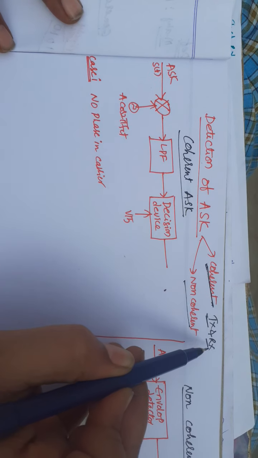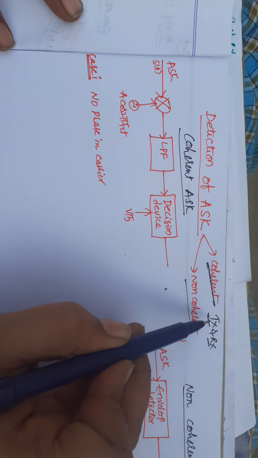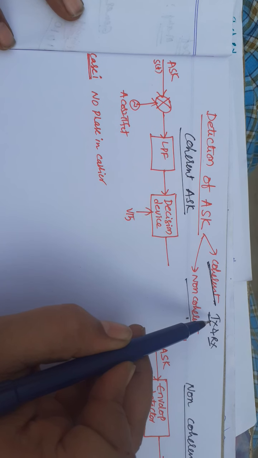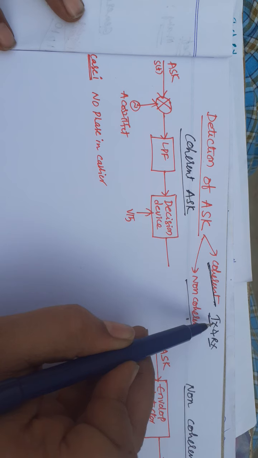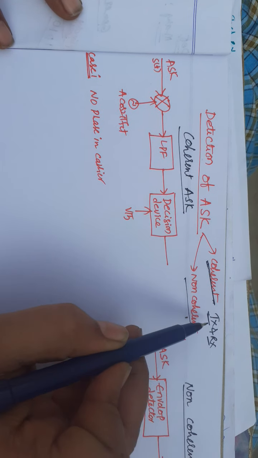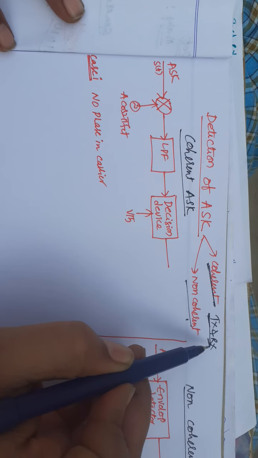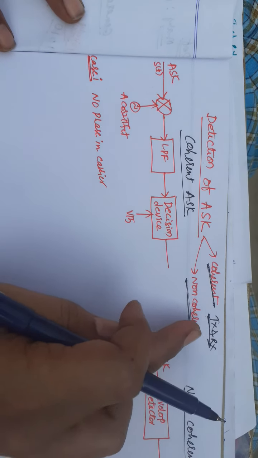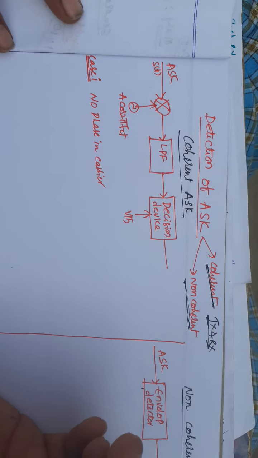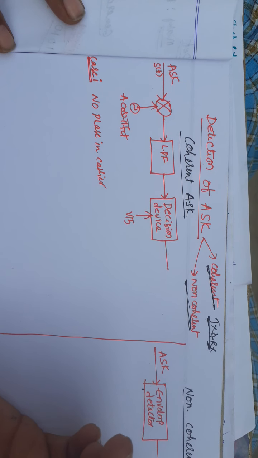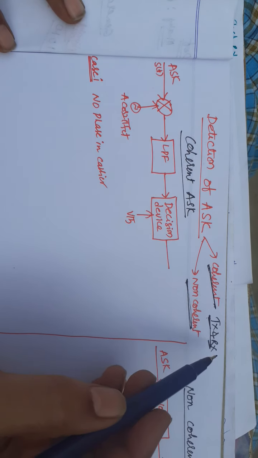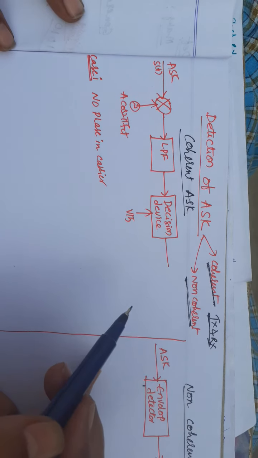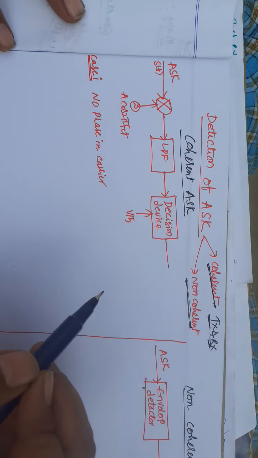Whatever carrier signal you use at the transmitter, the same carrier signal should be used at the receiver side. That is called synchronous between transmitter and receiver. In non-coherent, even though you use a carrier signal in the transmitter, you need not use the carrier signal at the receiver, that is called non-coherent.